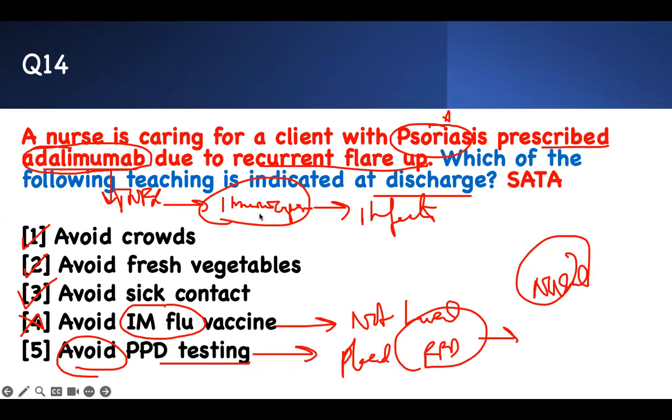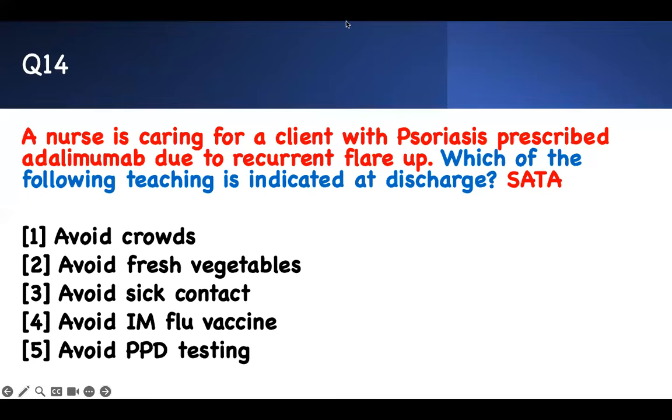If they've been infected before with latent TB, so you get a PPD positive before, if you get positive, you're not getting the medication. So you should not avoid it. This was a trap to test your critical thinking. We need to place PPD to make sure they've not been seroconverted before.